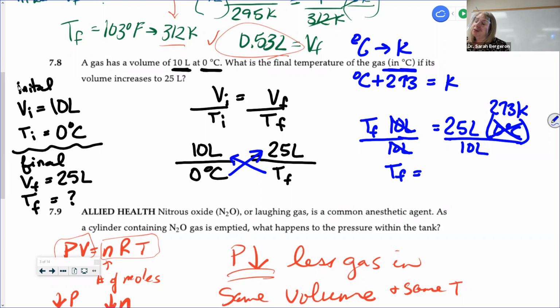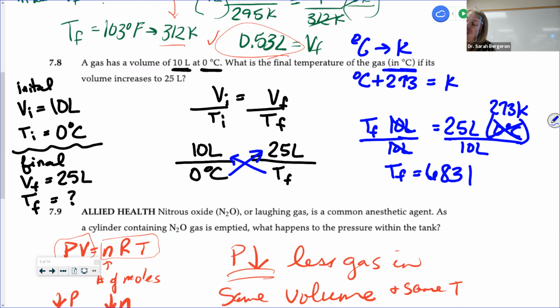It's going to be a big number. 683. Is that what y'all got? 682.5 rounds up to 683.